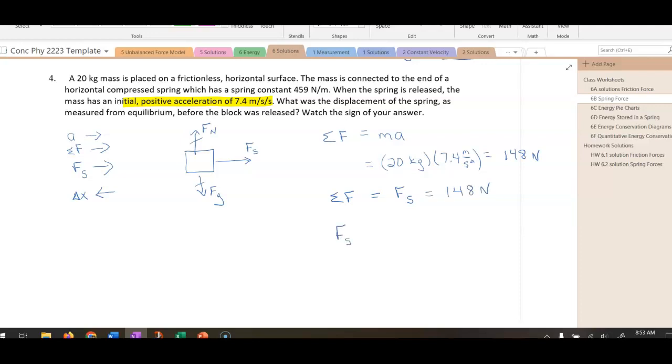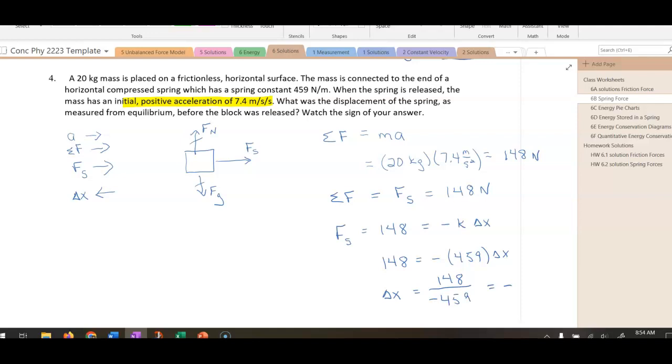And the spring force, which is 148, is negative times the spring constant times the displacement. And so I'm trying to find the displacement. So 148 is going to be negative times 459 newtons per meter times the displacement. The displacement is 148 divided by negative 459.